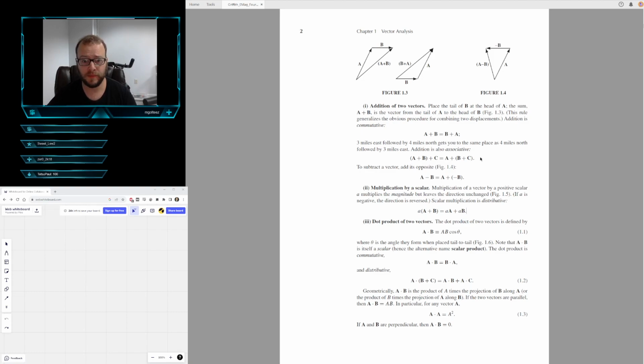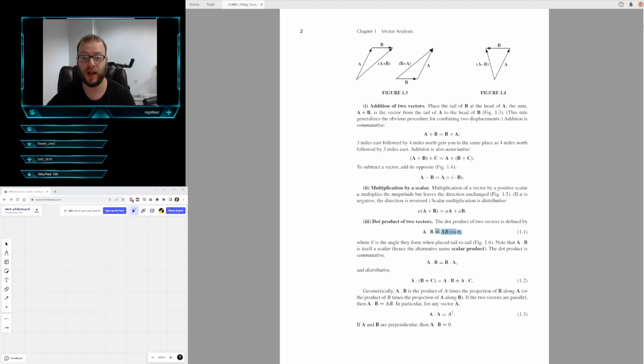So finally, we have the dot product of two vectors. Sorry, not finally, we've got two more multiplications. So the third multiplication is the dot product of two vectors. Now, the dot product is seeing the projection of one vector onto another.